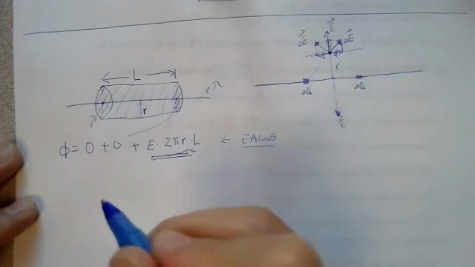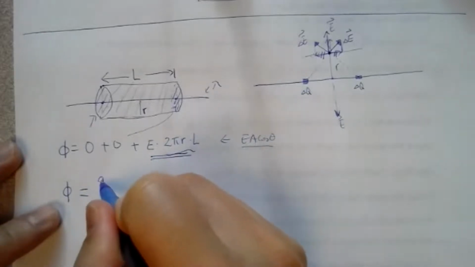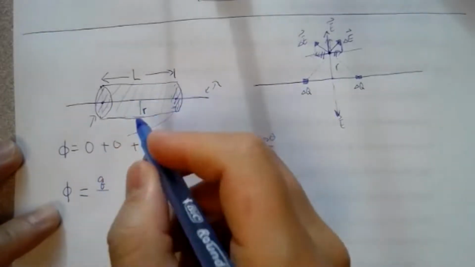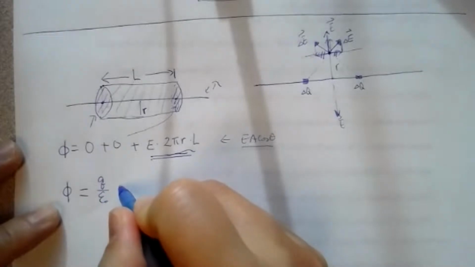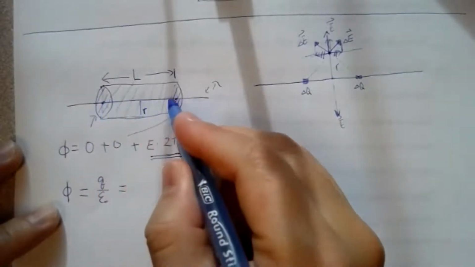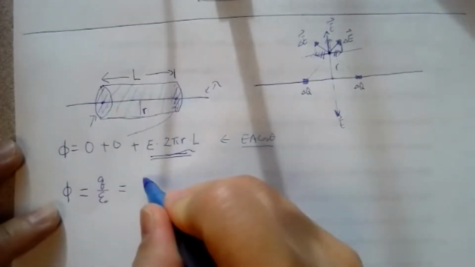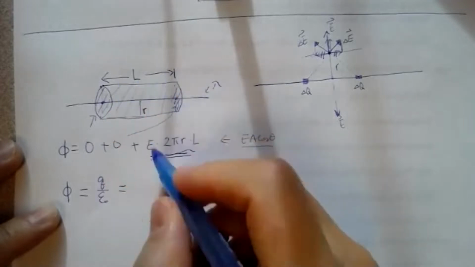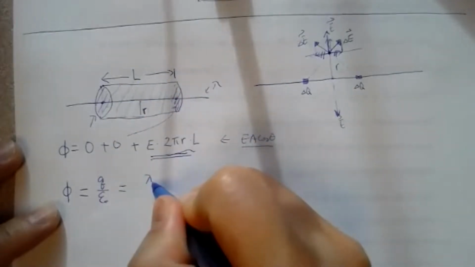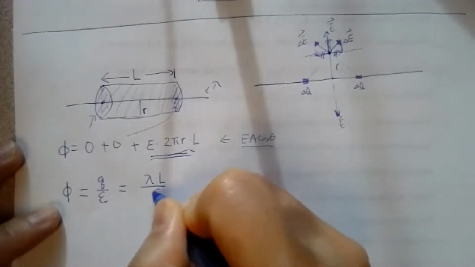Now we can also apply Gauss's law, where phi is equal to the Q enclosed by this volume divided by epsilon naught. The portion of the line enclosed by the volume has length L, so Q is lambda, the line charge density, times L, over epsilon naught.